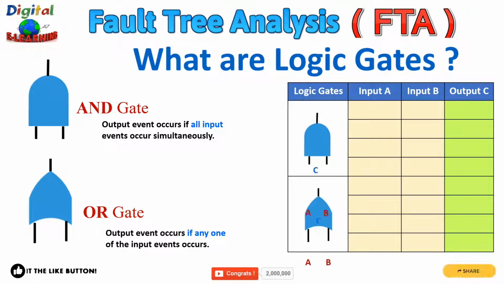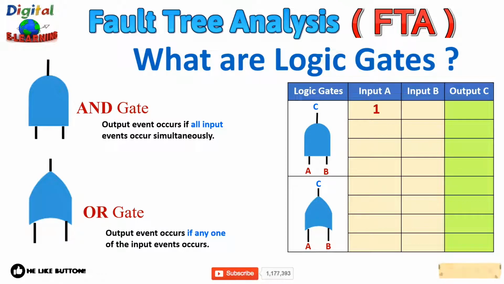We'll start with the AND gate. Suppose we have an input A and an input B coming to an AND gate and we get output C. For the AND gate condition, all the input events should occur simultaneously. Suppose 1 denotes an input and 0 denotes that there is no input to that signal.